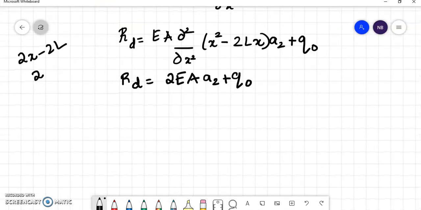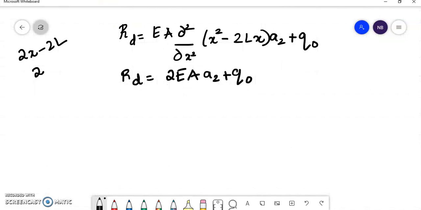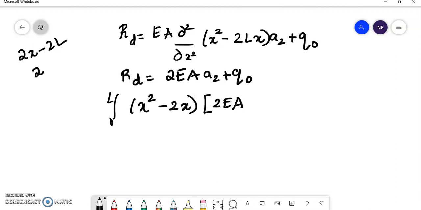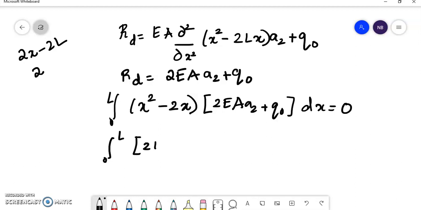So I am going to substitute this value of W2 and Rd in equation 3. We get the integral from 0 to L, and I know W2 is x square minus 2lx, Rd is this, and it has to be equal to 0.